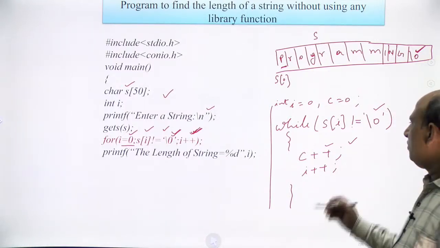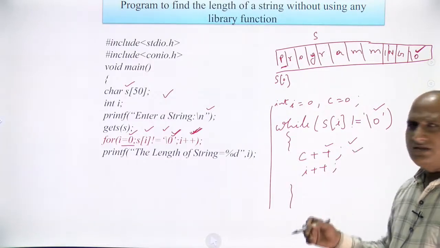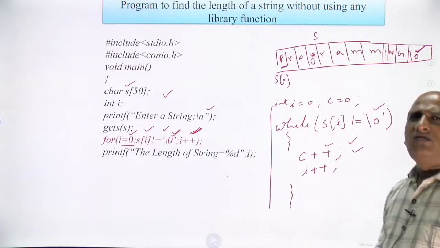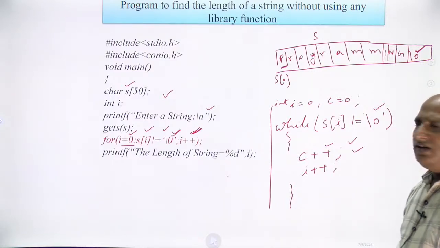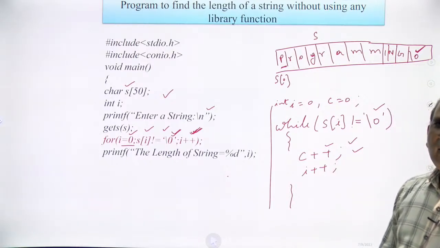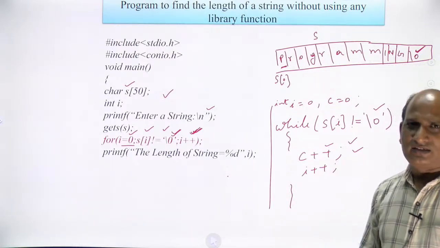And finally you have to print this c. This way, by the for loop or the while loop, by any loop you can find the length of the string by your own logic like this.